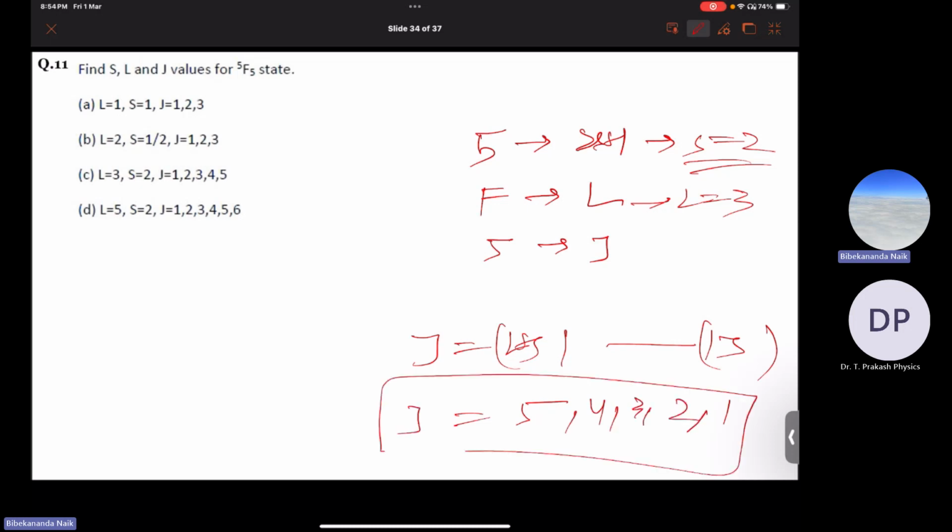This is the value of J. So S is 2, L is 3, J is 1, 2, 3, 4, 5. So this is the correct option, that is option C. Is this okay? Yes, sir.